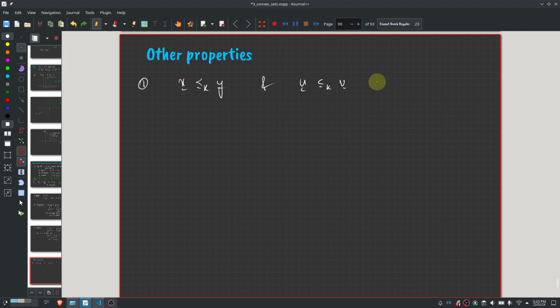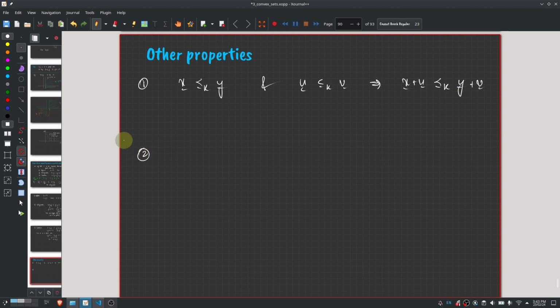Then this implies that x plus u is less than or equal to y plus v. Again, it follows essentially using the same principle. y minus x should belong to K, v minus u should belong to K, so the sum of those two should also belong to K, conic combination. So x plus u should be less than or equal to y plus v. Straightforward.